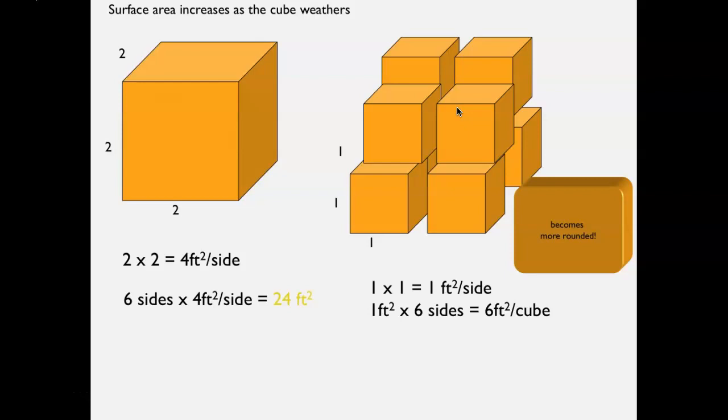And there are 1, 2, 3, 4, 5, 6, 7, 8 cubes. So now we have 48 square feet of exposed cube, and now let's say rock. So that's how all of these different weathering processes kind of feed on each other: we started out with a solid rock, busted it up, and now we have more exposed area, more places for those acids to eat away at the rock.